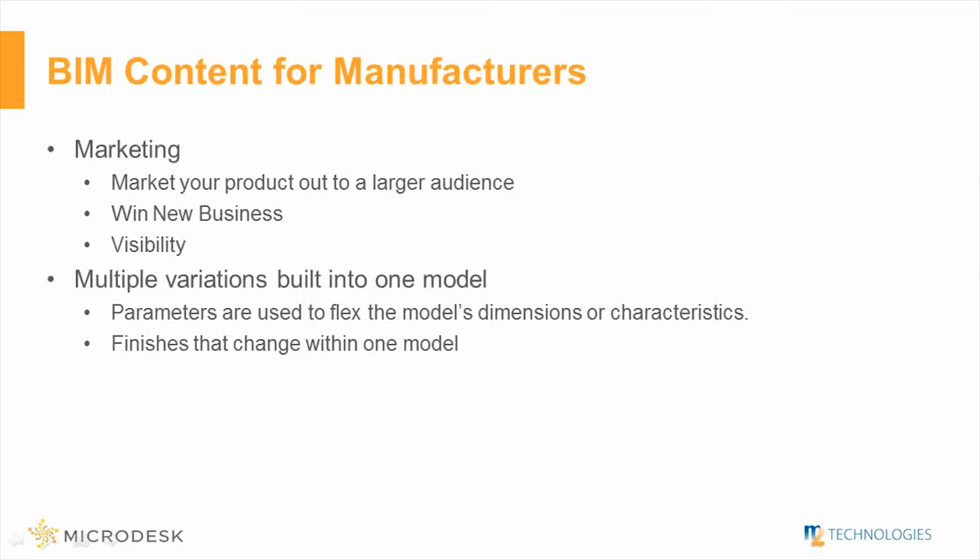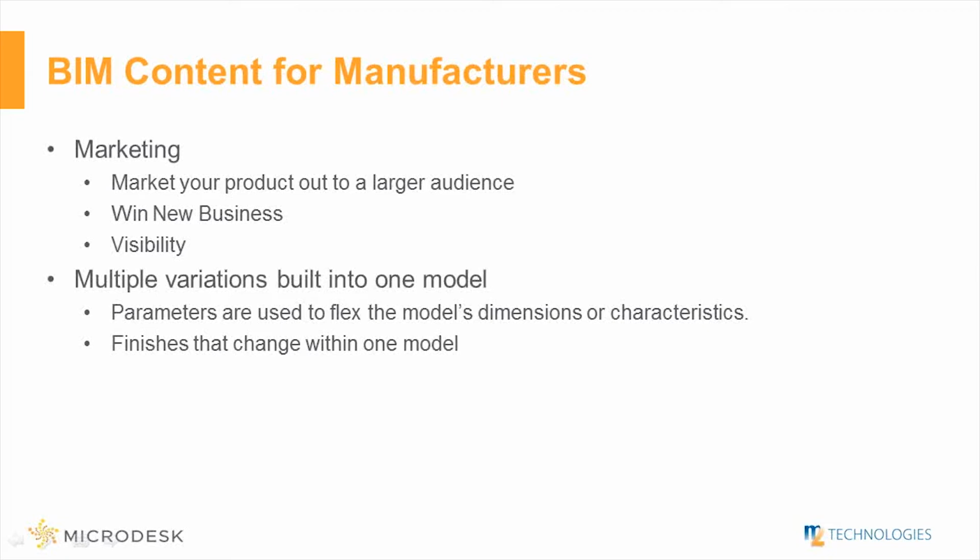The reality is that the design tools being used in the two industries, manufacturing and AEC, differ. So having a format that can be easily consumed by architects and engineers is going to be very important for manufacturers. Manufacturers also will typically have multiple options for a single product line.